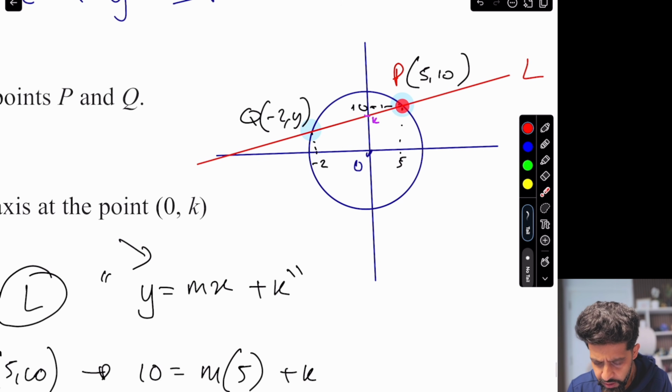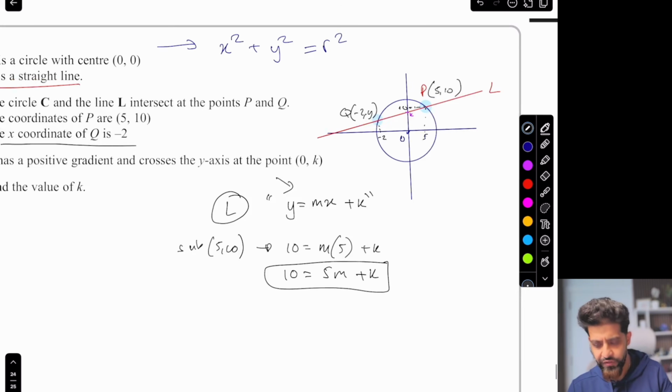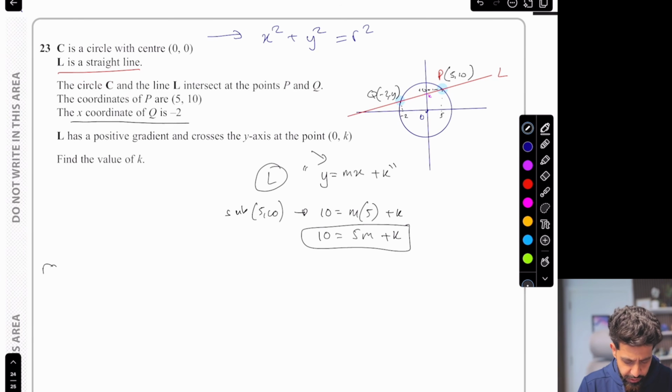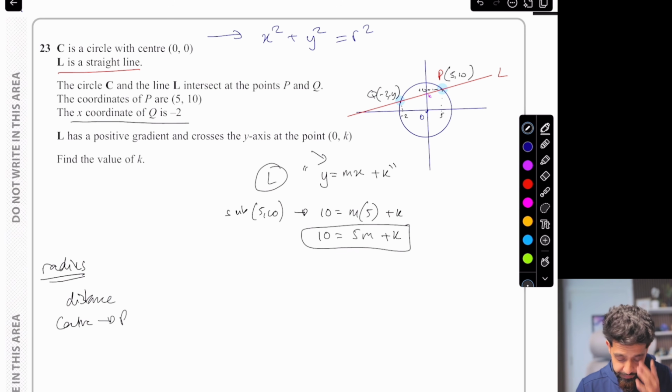Because we know the radius is simply the distance from the center to any point on the edge, and we have a full coordinate there and we know the center is 0, 0, we can actually find the radius. Let's go ahead and do that. The radius is going to be the distance between the center and P. The formula is the square root of x1 minus x2 squared plus y1 minus y2 squared.